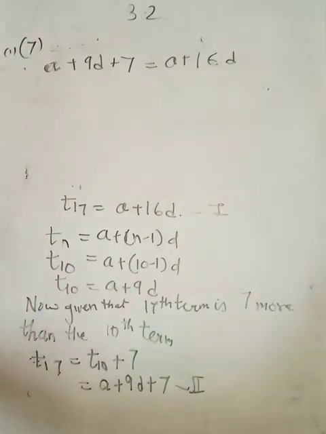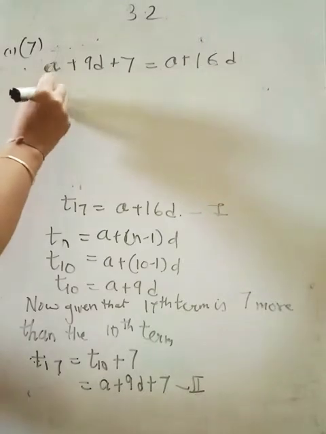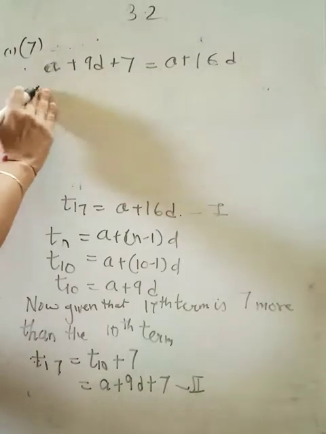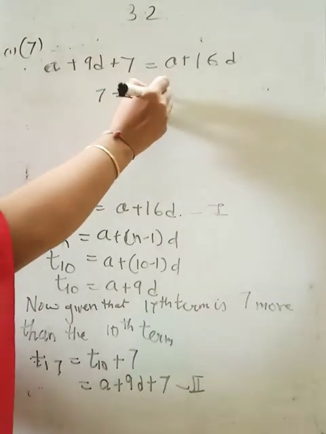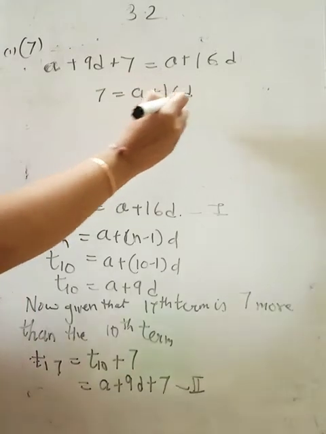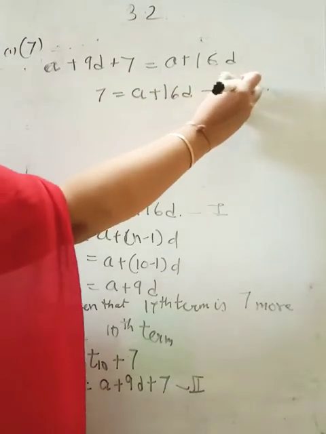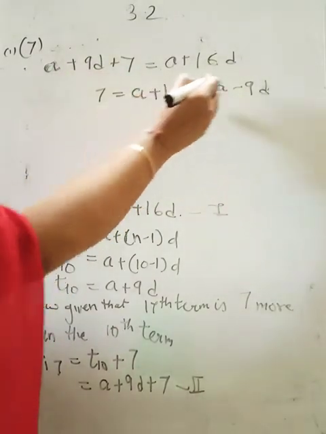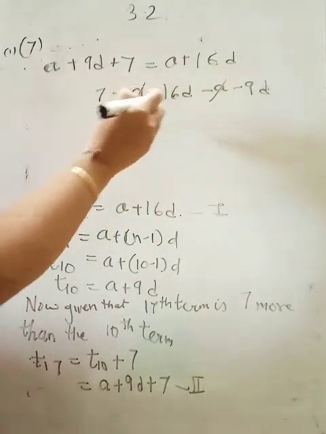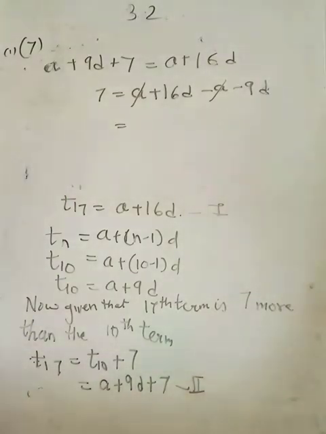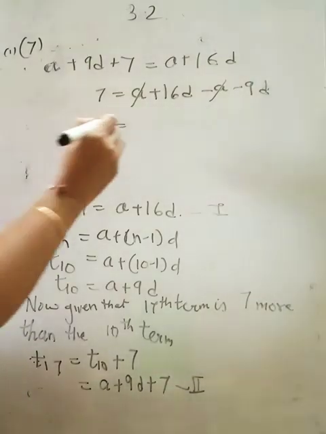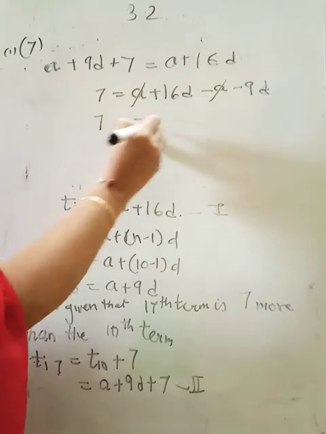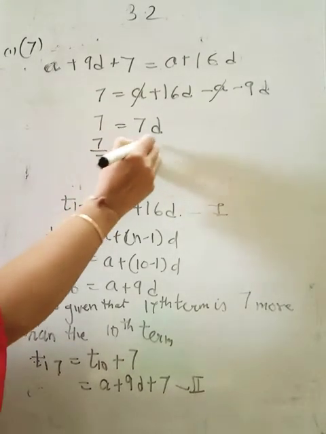So let us do all the terms here. So 7 is equal to a plus 16d minus a minus 9d. These two terms I have taken to the right hand side. a got cancelled. 16 minus 9 is 7. So 7 is equal to 7d. So 7 upon 7 is equal to d.